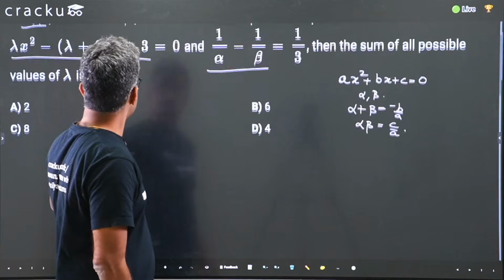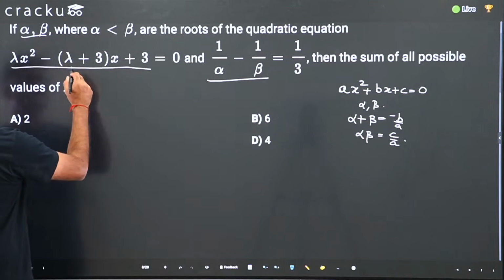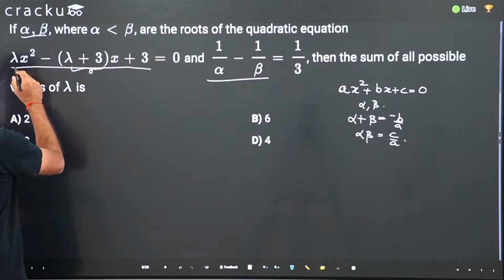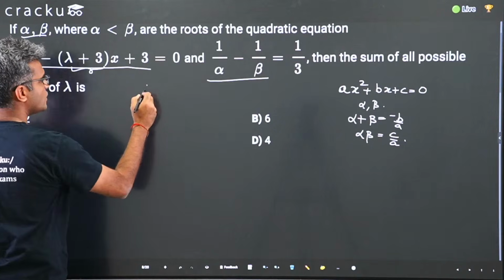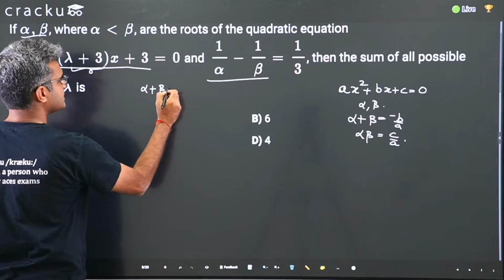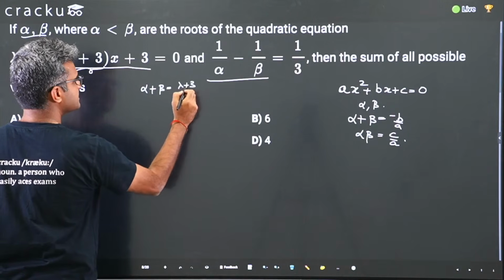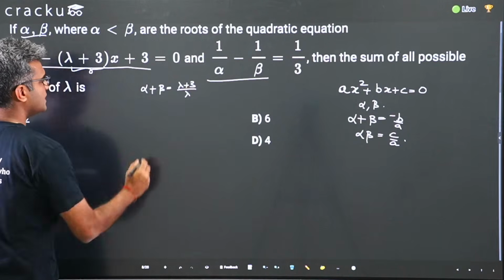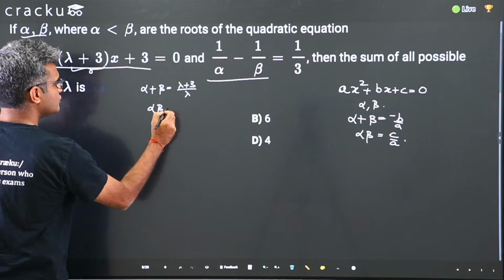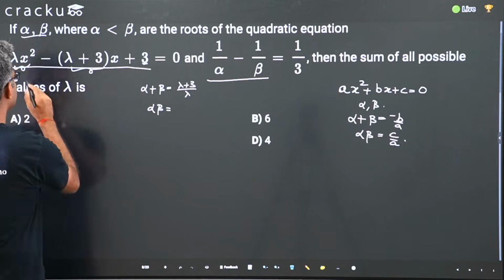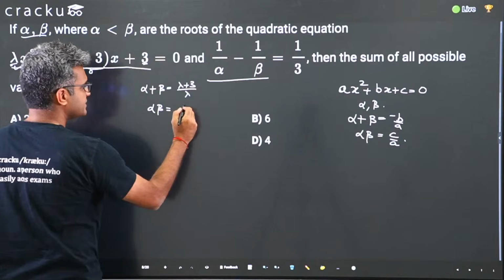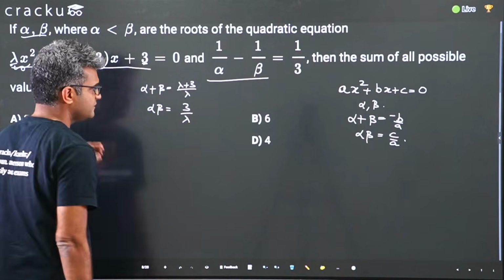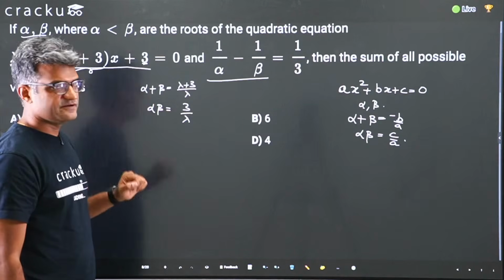In this quadratic equation, the coefficient of x is minus (lambda plus 3) and the coefficient of x square is lambda. So alpha plus beta is equal to (lambda plus 3) divided by lambda, and the product of the roots alpha into beta is the constant term divided by the coefficient of x square, which is 3 by lambda. From the given quadratic equation, this is what we can infer.